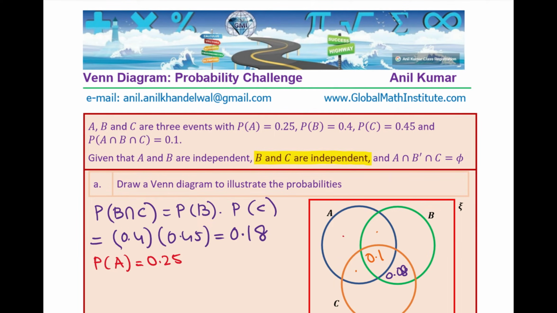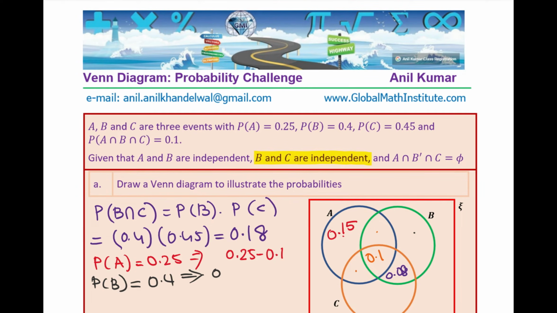So here we are going to get 0.25 minus 0.1, and we get our result as 0.15. Is that clear to you? Correct? Now, similarly, we can find what comes here. That is from the probability of B. Probability of B is given to us as 0.4, and from there we know that the intersections are 0.1 and 0.08.